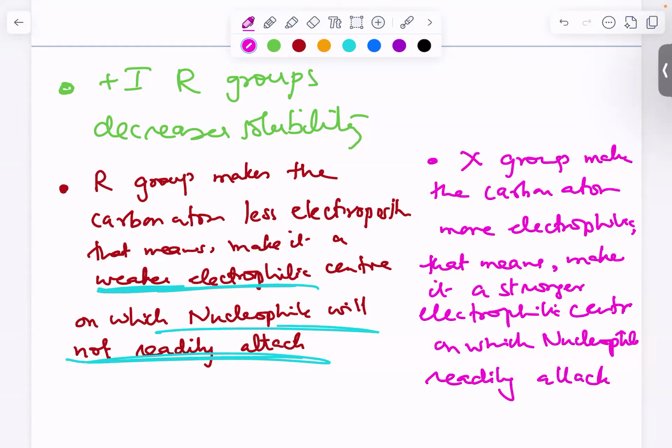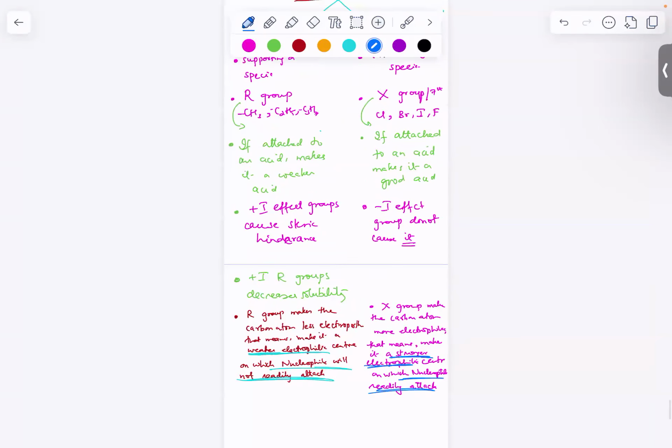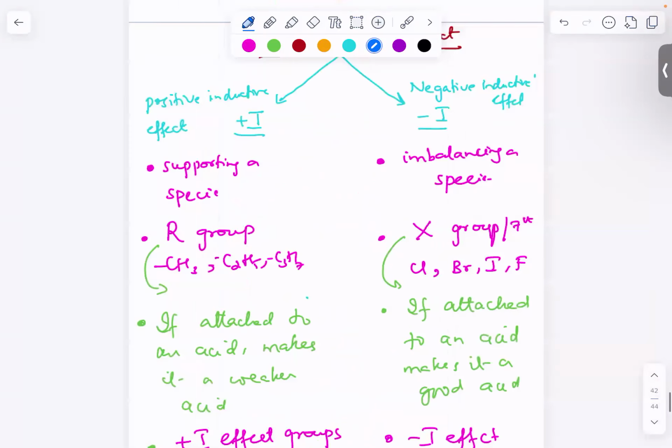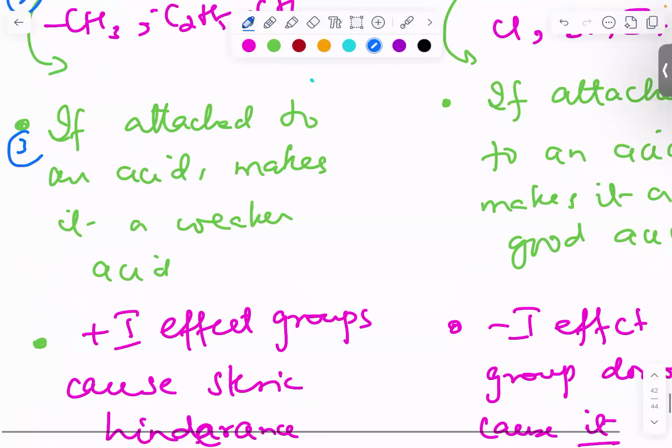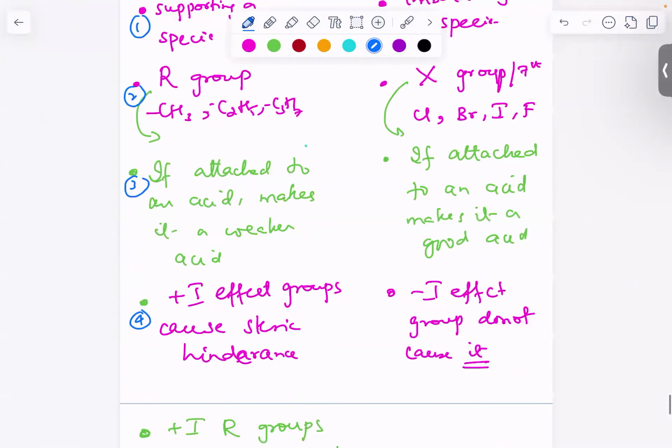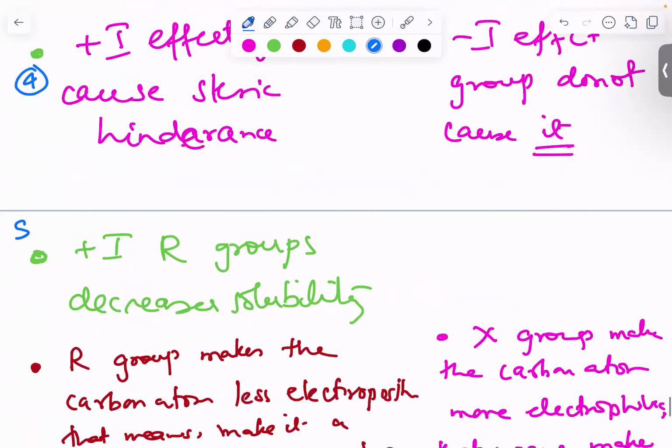That's a very important difference, and this answers lots of queries, right? So I have told you how many points: one, two, three, four, five, and six. Oh, good.